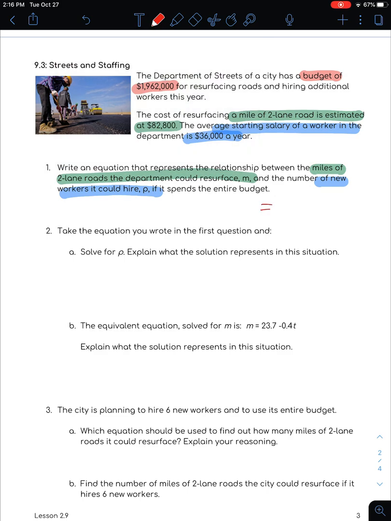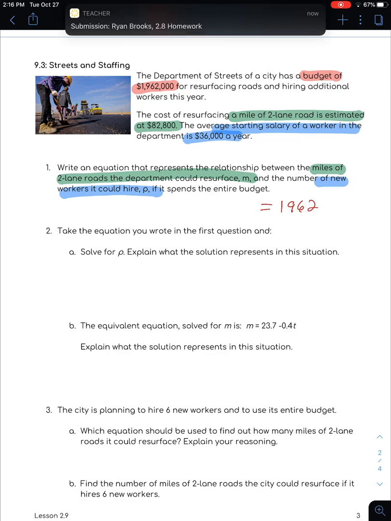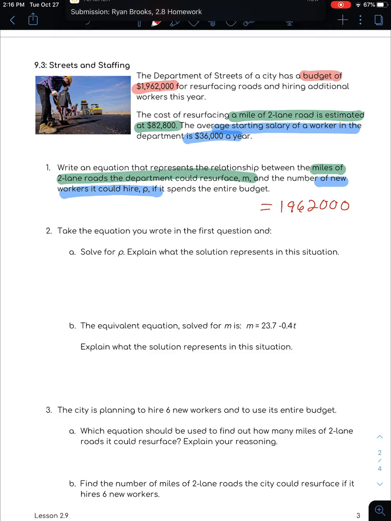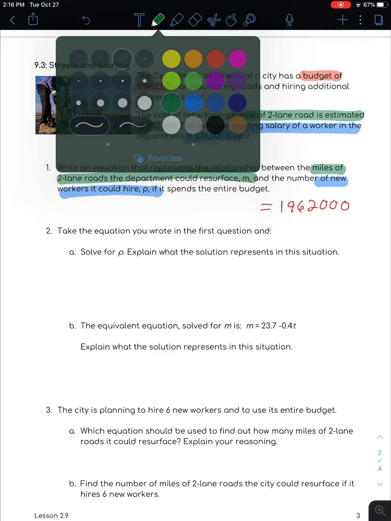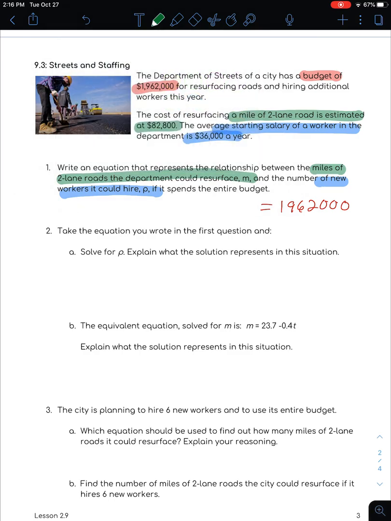Okay. So similar to the last problem, we know this is going to come out to a total budget of $1,962,000. Each mile of road costs $82,800, so we have $82,800 per mile. Remember, miles was a variable that we had.